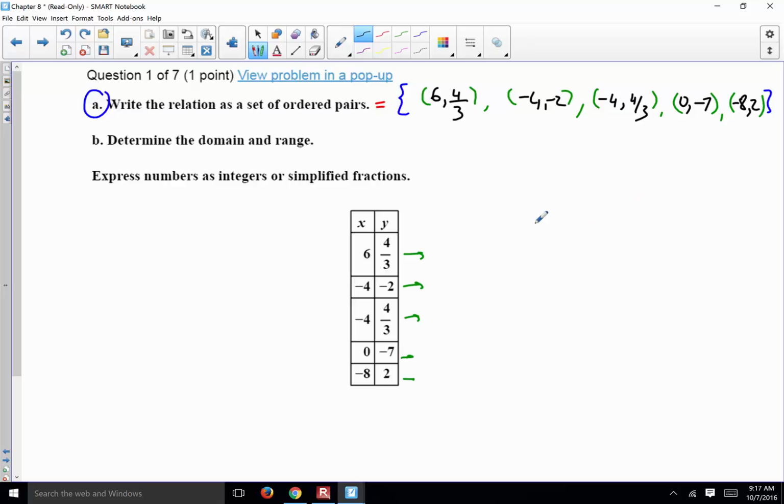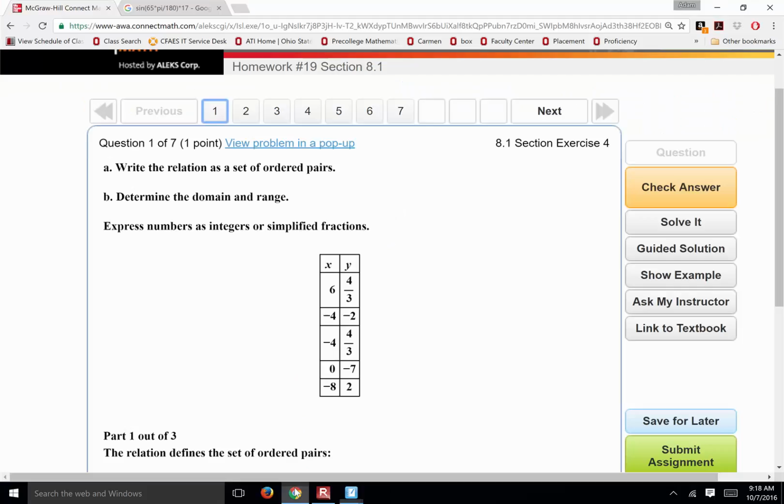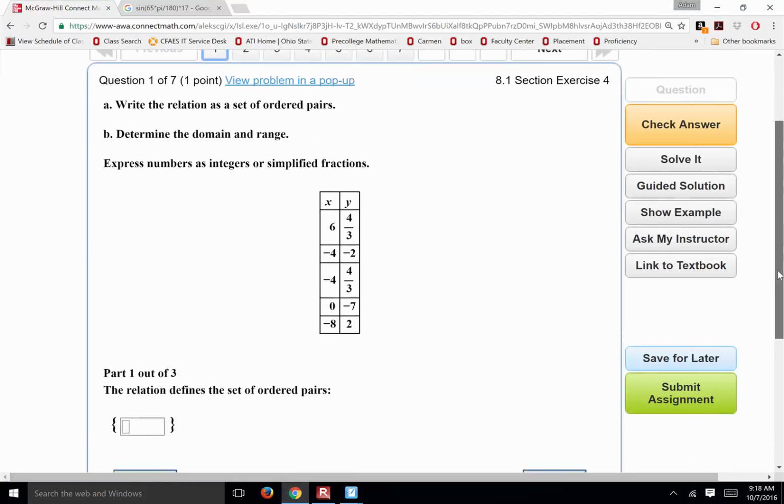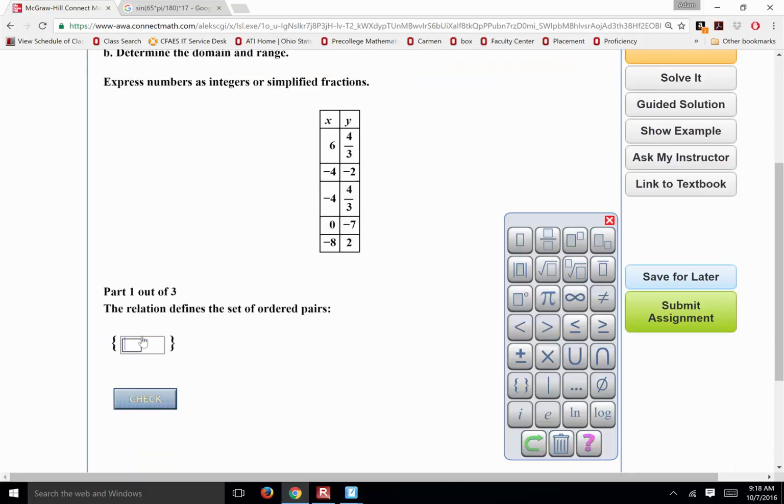Any questions? You can even pair first here, then move it there if you want. This is how you're supposed to type in. I'm not gonna type in the entire list, but again, parentheses.